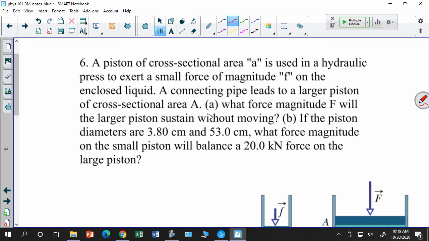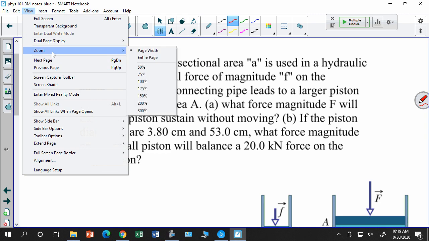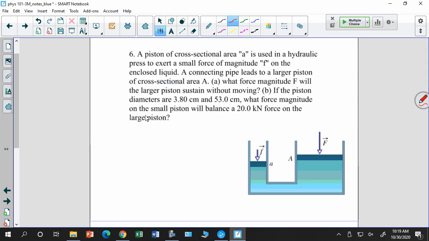Okay, let's try this one. This is number 6. So this is a piston system, a hydraulic system, and I have a small force on a small cross-sectional area and a big force on a big cross-sectional area.